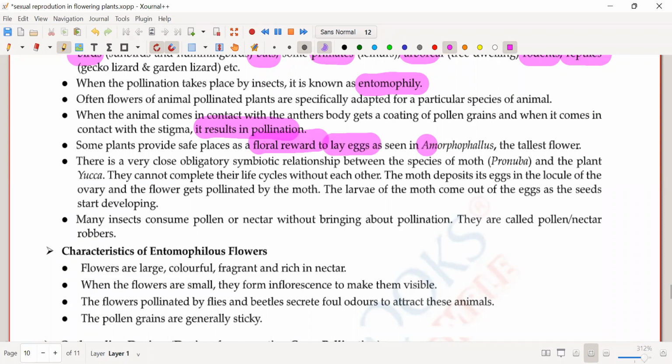Example, Amorphophallus, the tallest flower. It will provide a safe place for laying eggs, because eggs can be easily eaten by predators. There is a very close obligatory symbiotic relationship between a species of moth, Pronuba, and the plant Yucca.